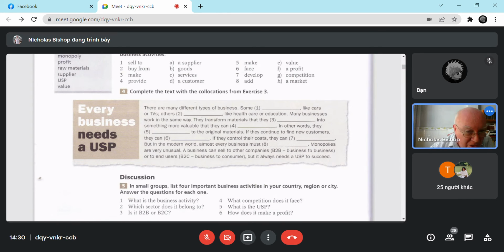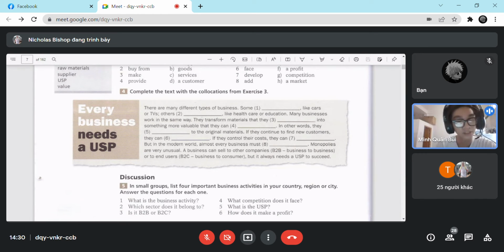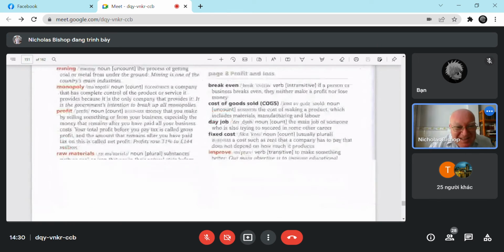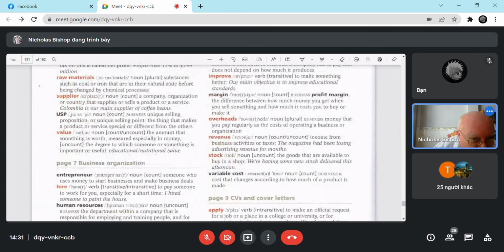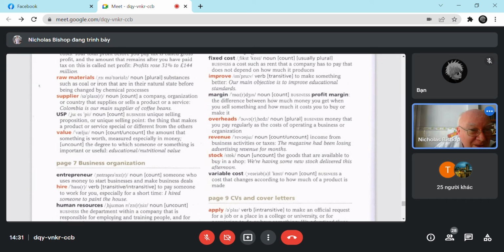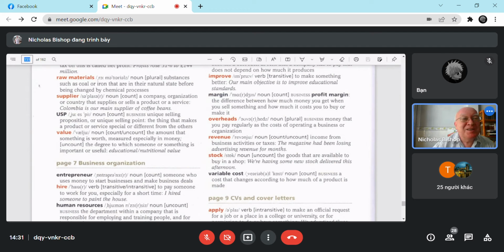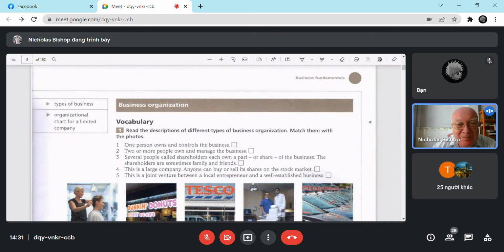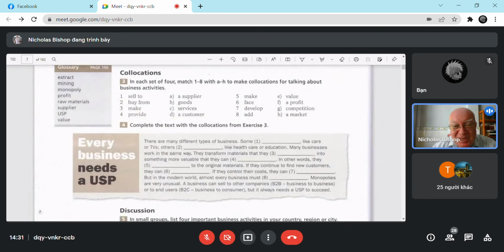Unique selling... proposition. Proposition, yeah. So that's when we say something, a proposition. Okay, sorry. So unique selling proposition, but it's easier to remember it as a unique selling point.